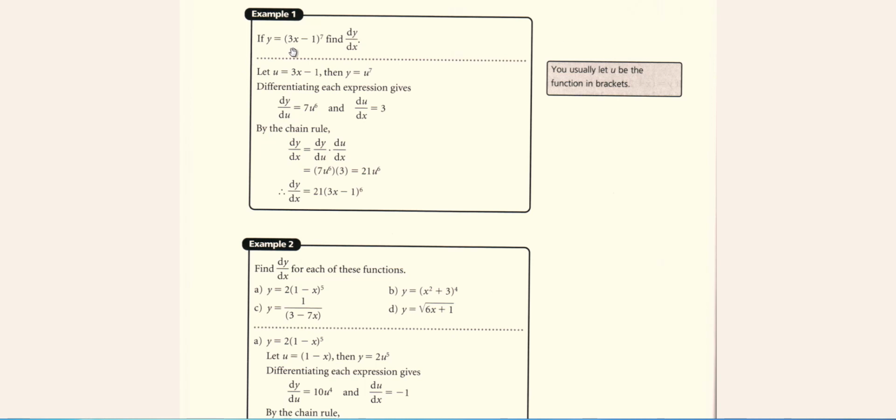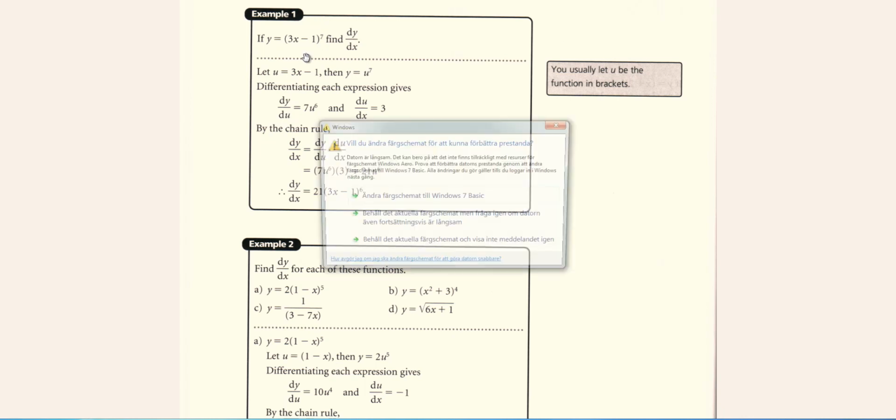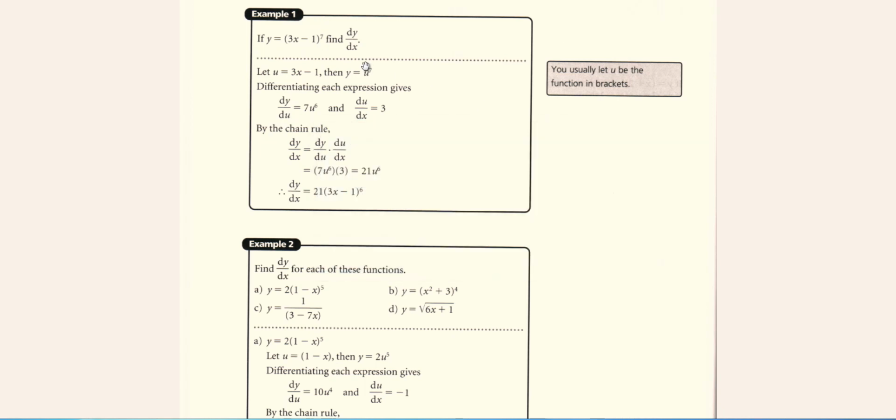The first step would be to look at the function and then to substitute the part within the bracket, which is 3x minus 1, and substitute it for u. U is a function of x. It's not really important. Instead of writing this, we're going to write u.